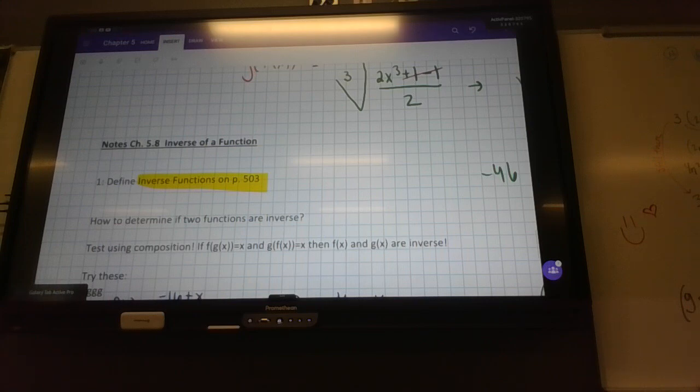Can I go to the definition? Inverse functions are functions that undo each other. They're like perfect opposites. So we're looking at determining whether functions are inverse, whether they're perfect opposites.